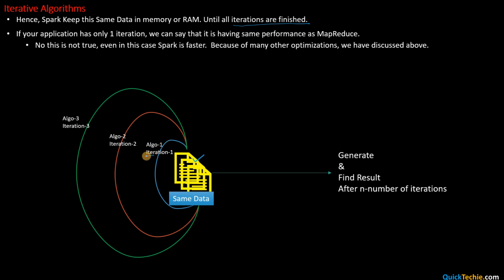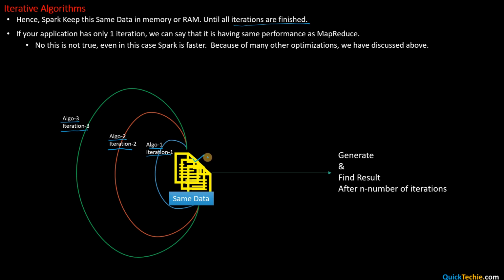Iteration 1 applies algorithm 1, iteration 2 applies algorithm 2, iteration 3 applies algorithm 3, and so on. If you have 100 calculations, especially in machine learning, you read the same data set and apply different calculations on it, and you keep this data in memory.